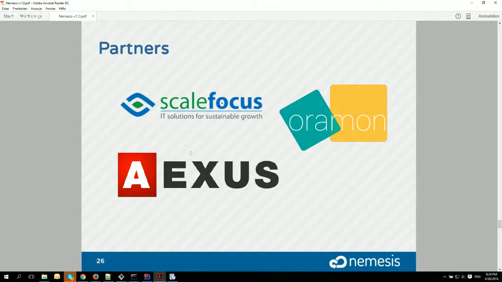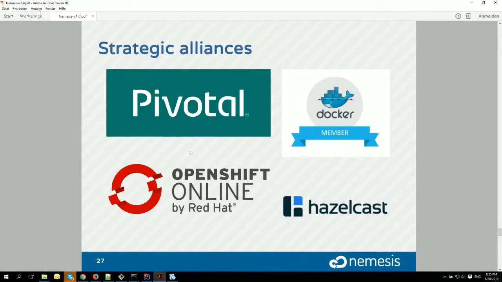Axis is a company specializing in discovering startups with great potential. They focus on new innovative technologies, and they help these startups reach new markets. They operate primarily in Benelux and the Nordics. We have also signed several strategic alliances with Pivotal, Docker, Red Hat, OpenShift, and Hazelcast.